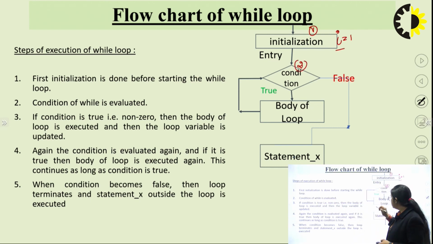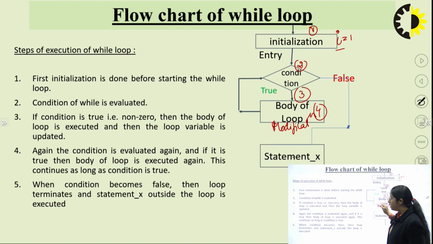Now third, we are entering the loop. With the body of the loop we have the updation, or you can say modification, also happening here. This is the fourth step. Now after this fourth step, again the condition is checked, then again the body of the loop is executed.